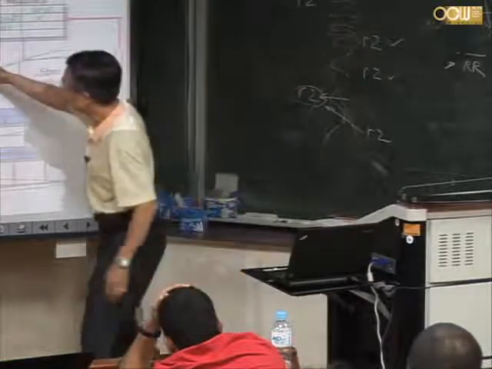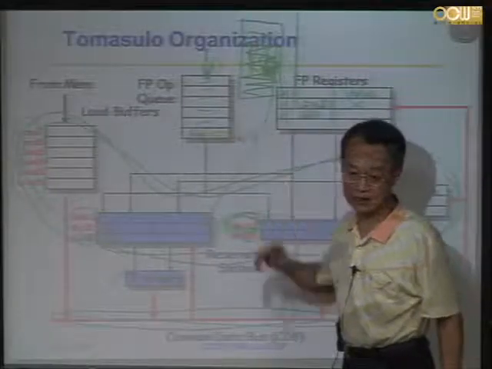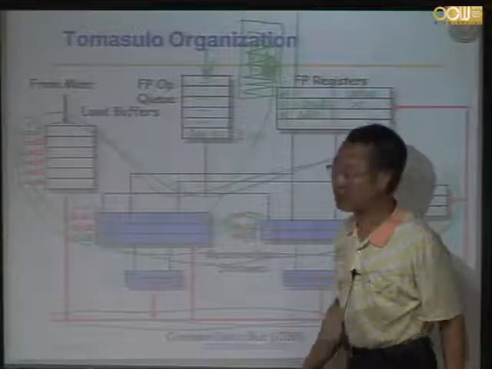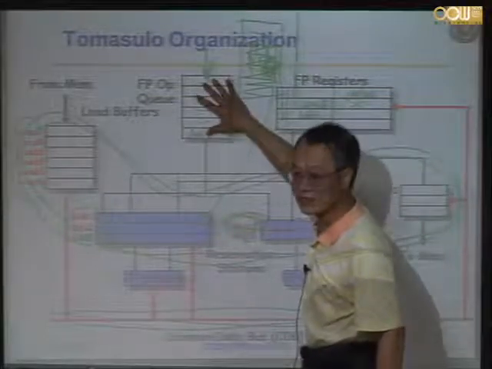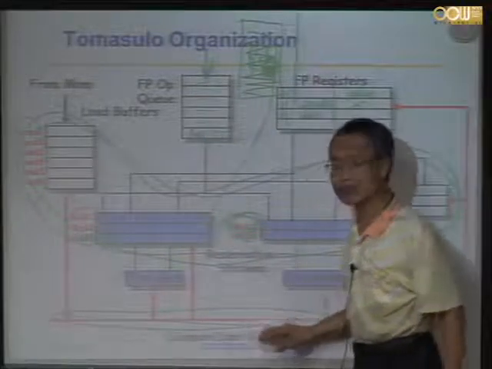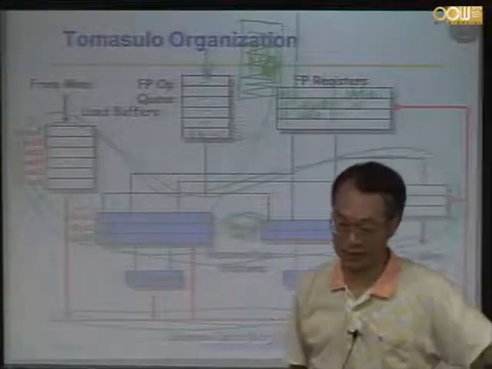Because floating point instructions usually take a few tens of cycles to complete. But for integer instructions, if every instruction takes only one cycle to complete, then one single common data bus may become a severe bottleneck.